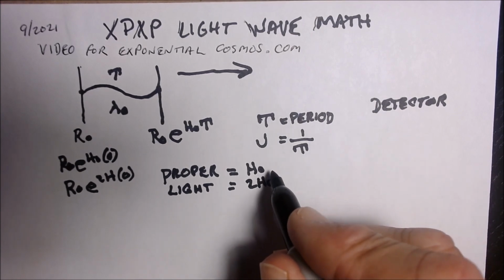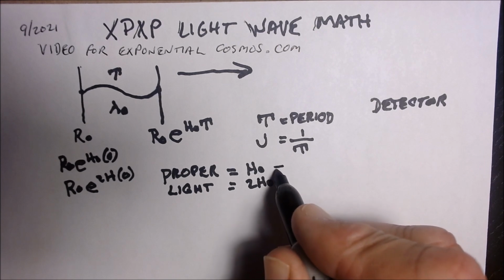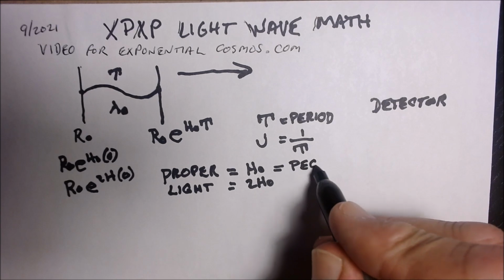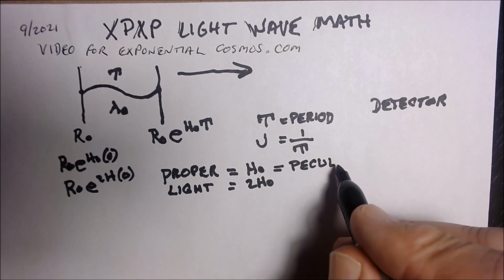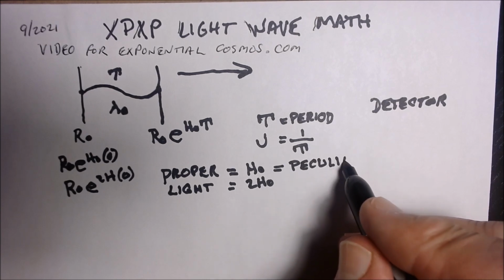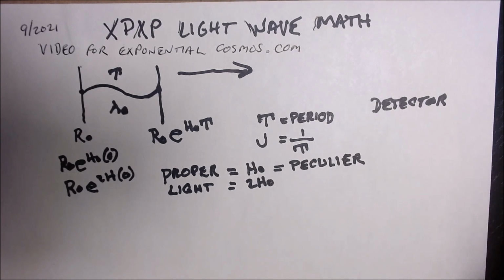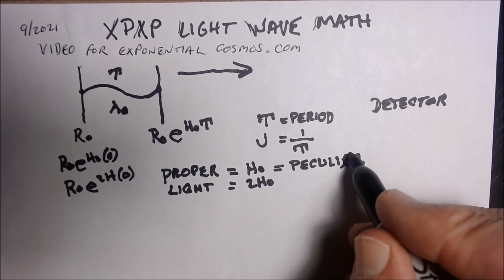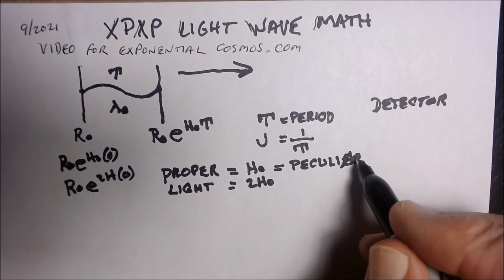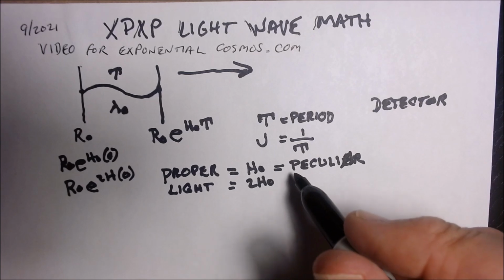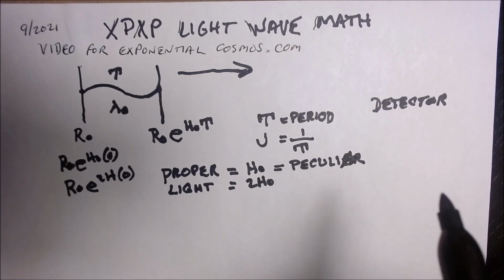And also, proper is the same as peculiar. So the peculiar and the proper motions are both expanding according to H0.